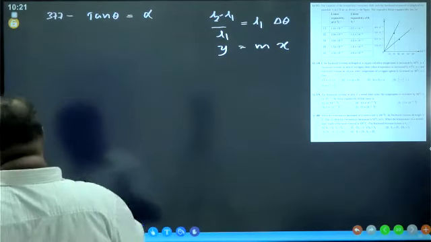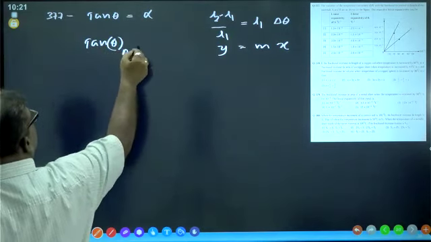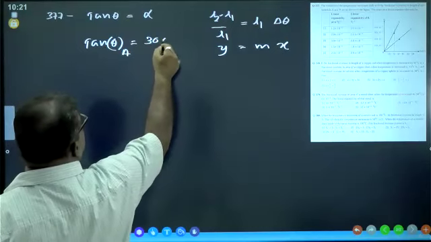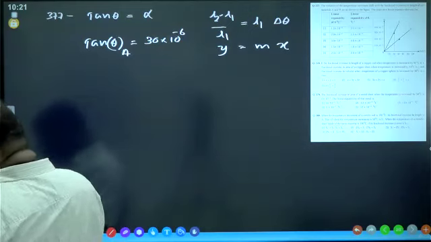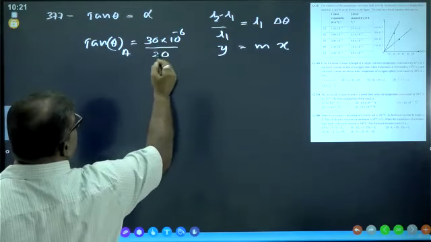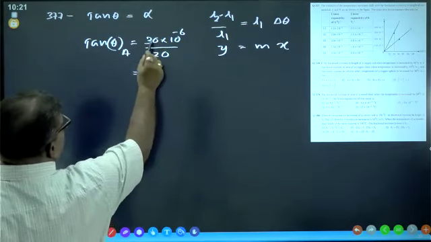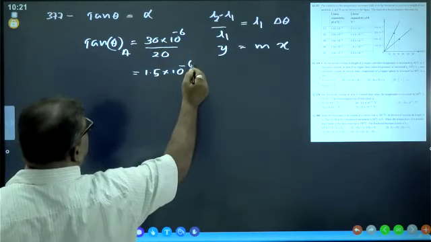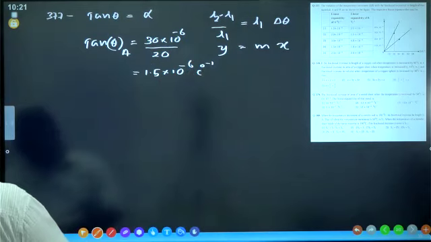Then the gradient of A, tan theta for A, we can say 3 times 10 to the power minus 6 in standard units divided by 20. It's like this, no? Okay, then 0, 0 cancel, 1.5 times 10 to the power minus 6 per degree Celsius. That's the gradient.